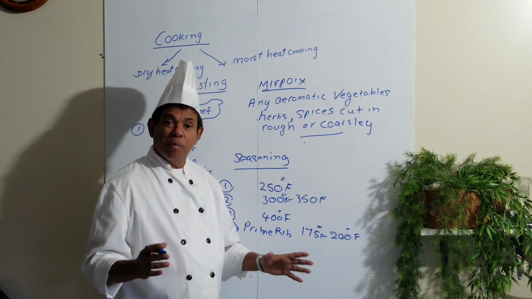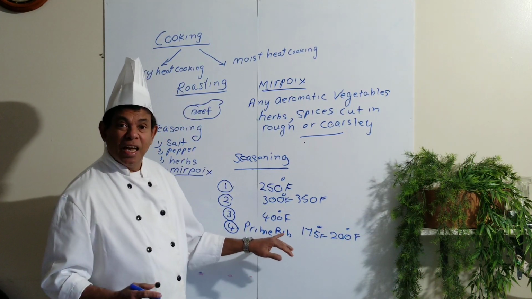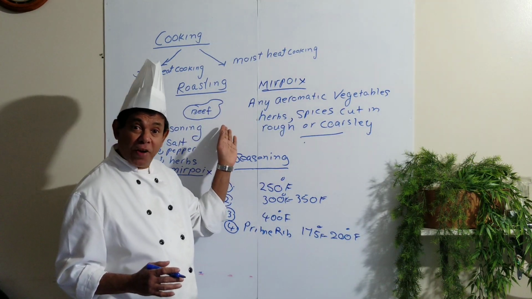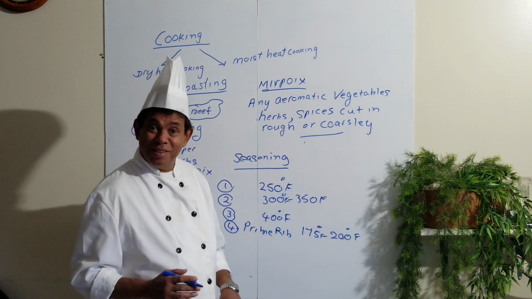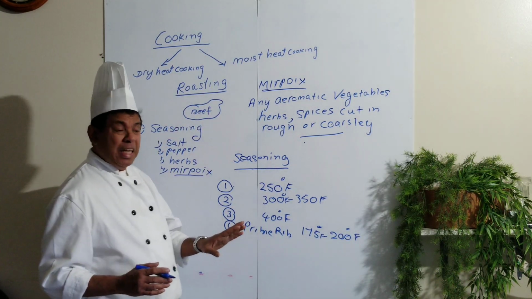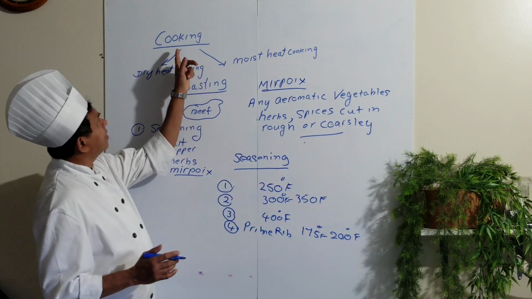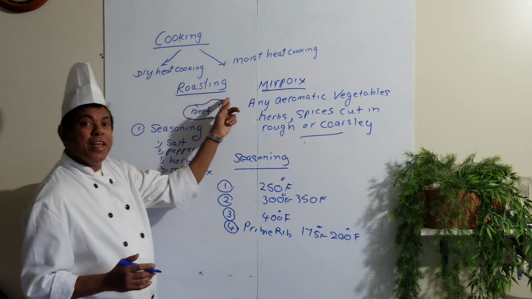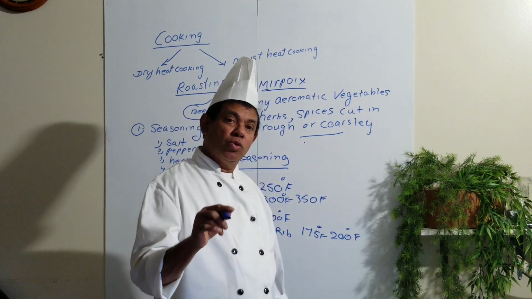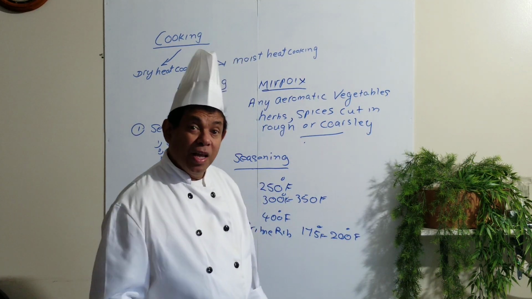Approximately, we are playing with the roasting meat, beef if you are cooking. I'm talking about beef right now. Chicken perhaps is a little bit changed, but I'm talking about beef. Other than that, when you are doing roasting, we are doing another action while the meat is roasting in the oven.